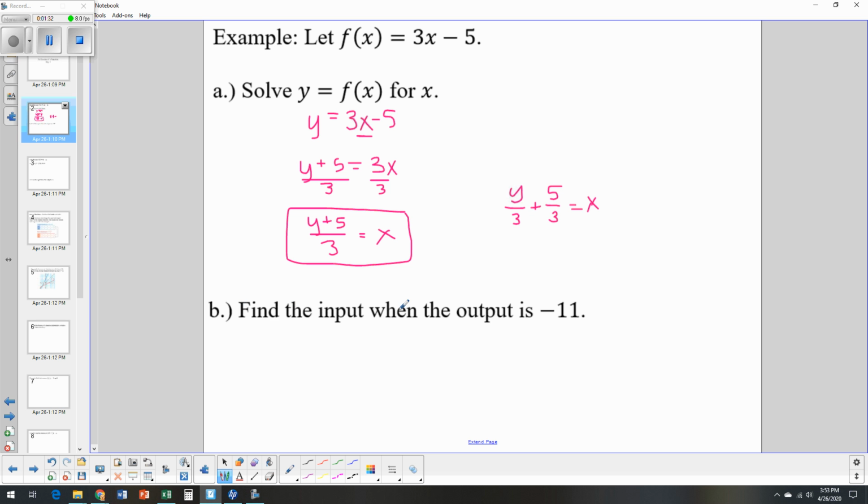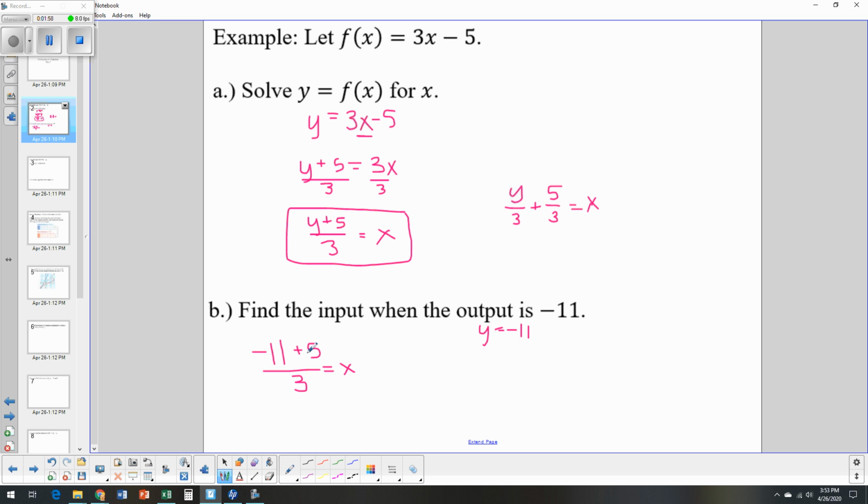So now we're going to find the input when the output is negative 11. And normally, input was the x, output was the y. So we want to find the x when the y is negative 11. So I could substitute negative 11 into this equation for the y. So now I have negative 11 plus 5 over 3 equals x.